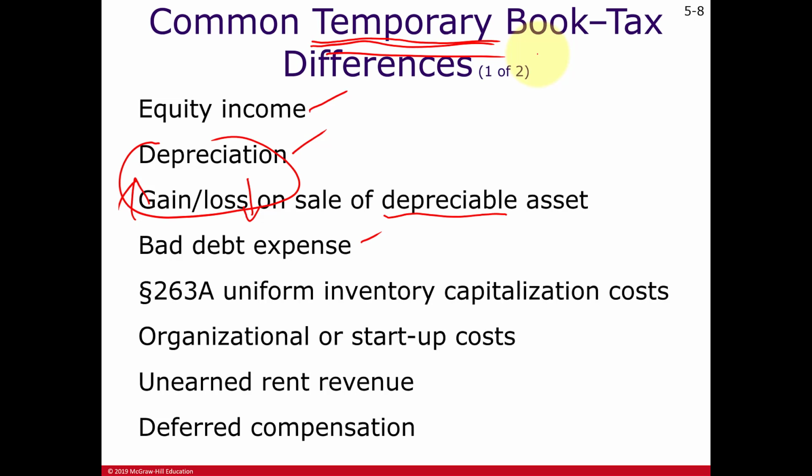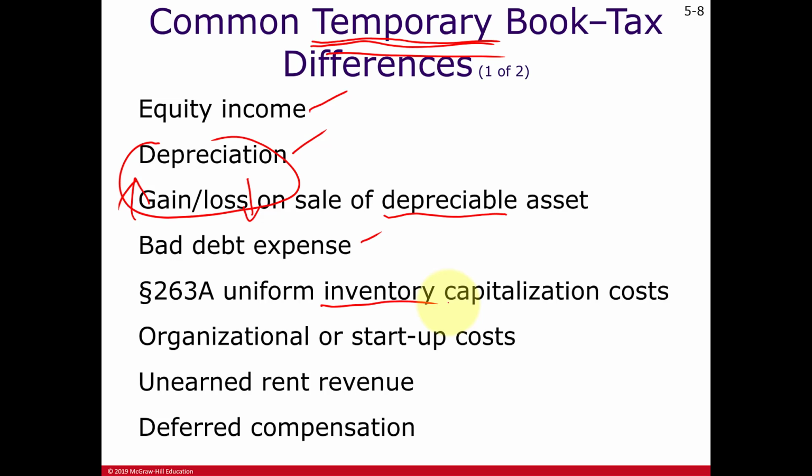In your accounting 202 class or intermediate cost accounting class, you guys learned about capitalizing the manufacturing overhead into the cost of the inventory. And you cannot deduct that cost until you sell that inventory. In the case of financial accounting, though, some of that is not as strict.